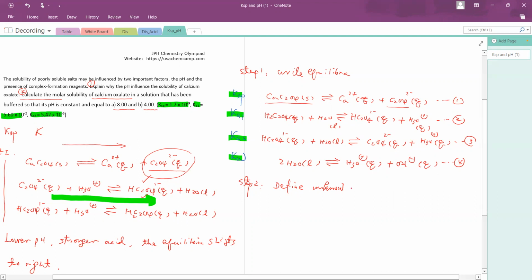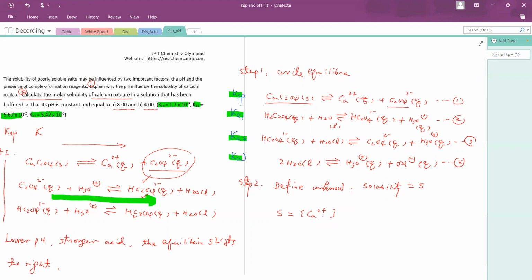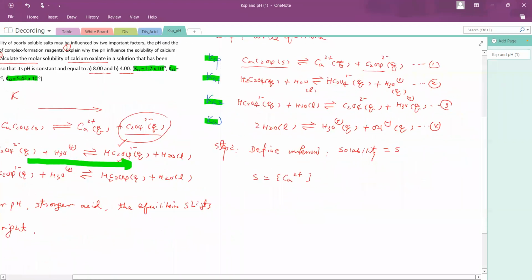So we define the solubility equal S, and S equals the concentration of Ca2+. Step 3. We are going to write all equilibrium concentration expressions.